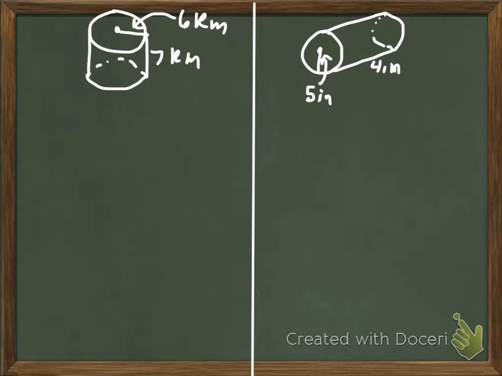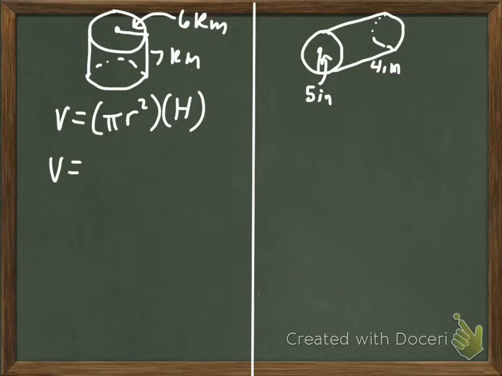Alright, so I'm going to do the one on the left, leave you to do the cylinder on the right. So our volume formula is pi radius squared times the height. So the radius of our base is 6, and our height is 7, and that's in kilometers.